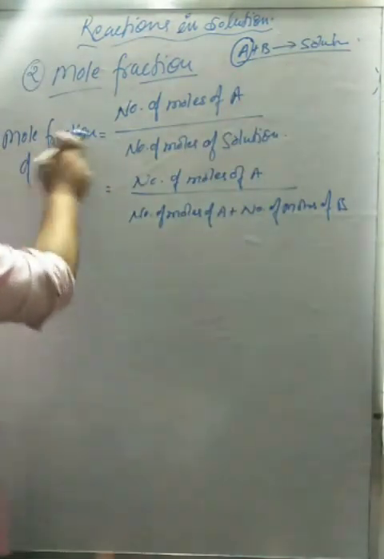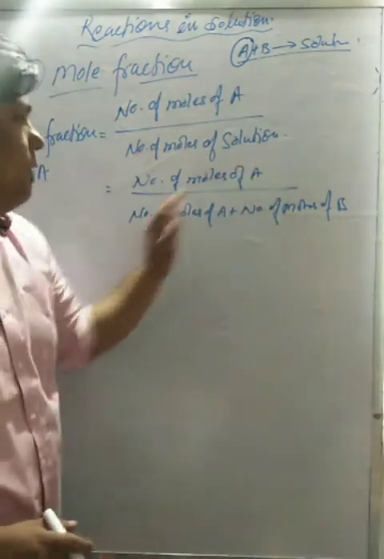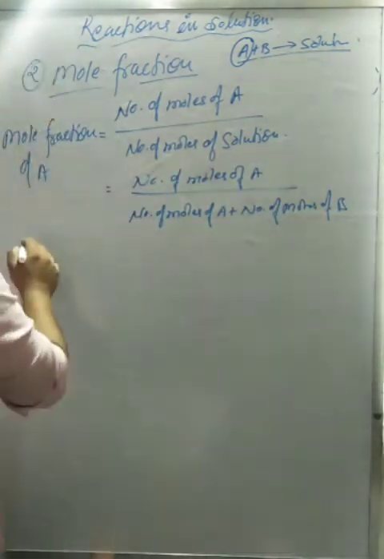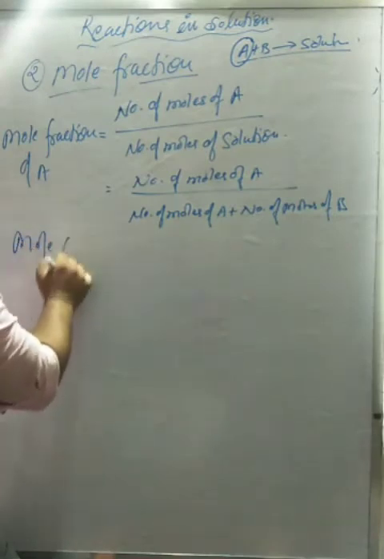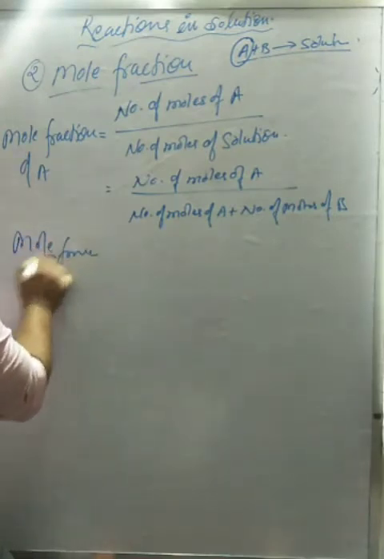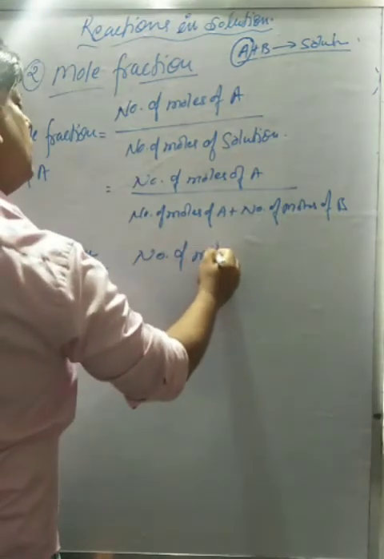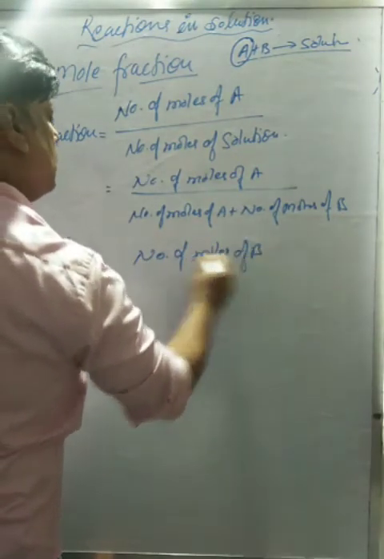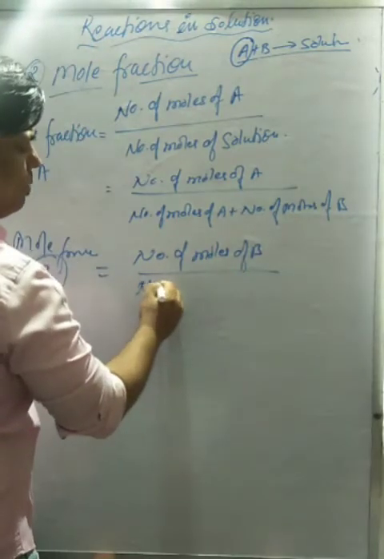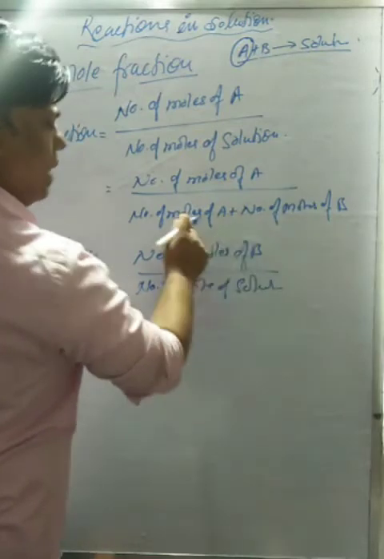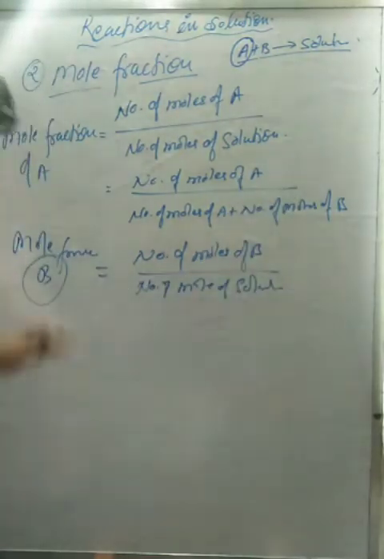So the mole fraction of A is the number of moles of A divided by the number of moles of A plus the number of moles of B. Now how to calculate the mole fraction of B? Number of moles of B divided by the number of moles of solution, meaning A plus B.